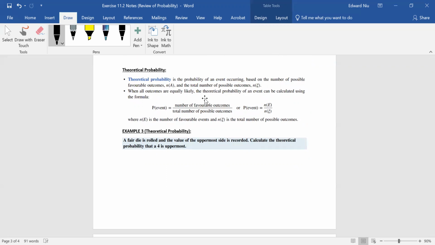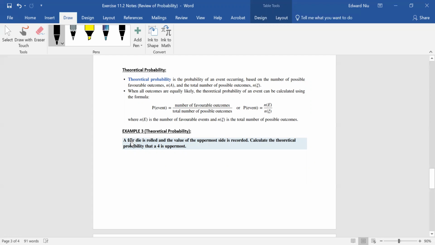Now, with experimental probability, we might do it 80 times, and heads might only come up 45% of the time, and then tails pops up 55% of the time. But theoretical means in the perfect world, when all things are equal, we should land on whatever outcome we're talking about evenly, relative to the total possible outcomes.